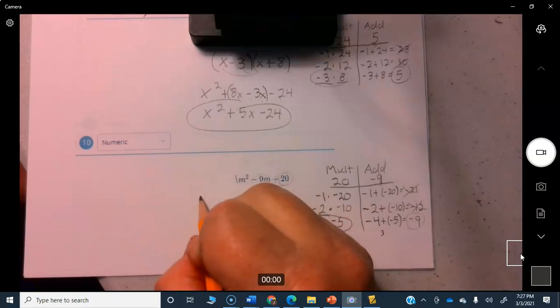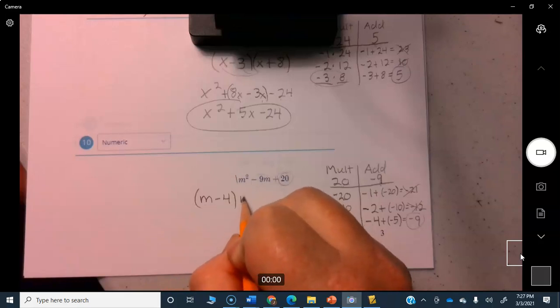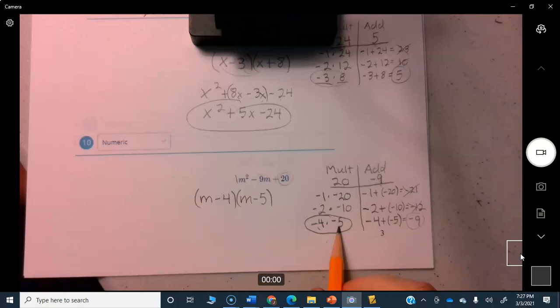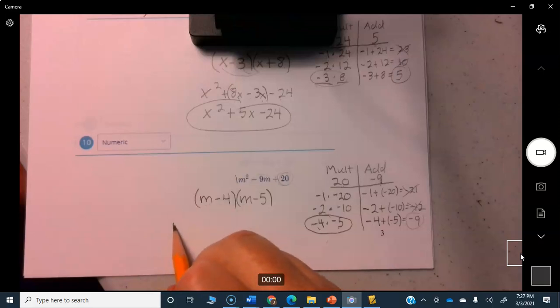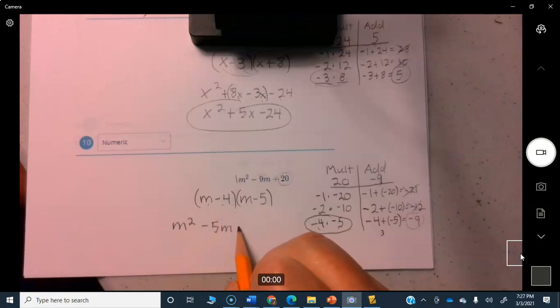Okay, so it's simply going to be m minus 4 times m minus 5. Okay, -4, -5 right there. And that's your answer. Let's check it. First, m times m is m squared. Outer, m times -5 is -5m. Inner, -4 times m is -4m.